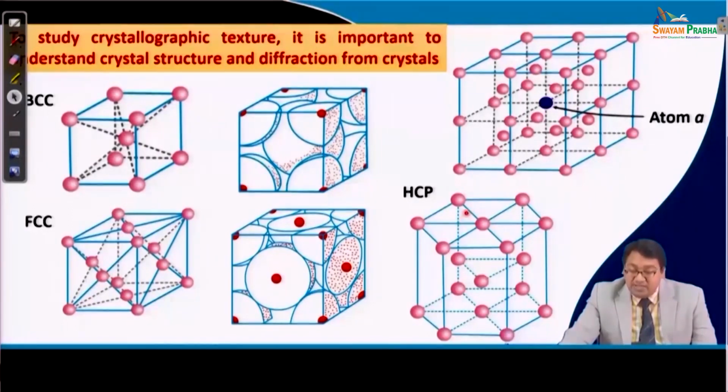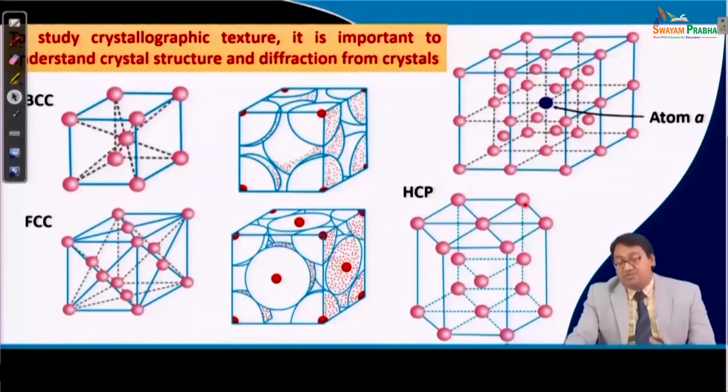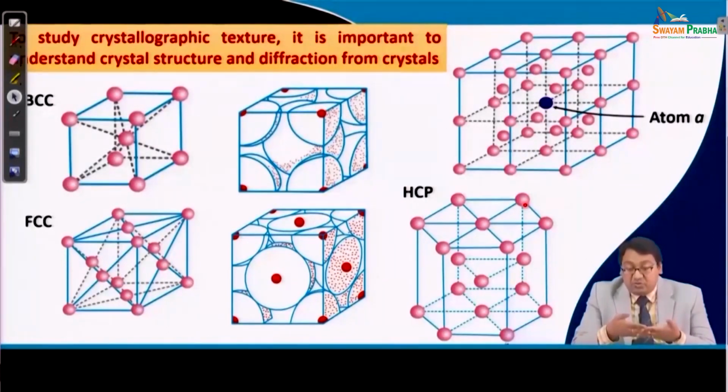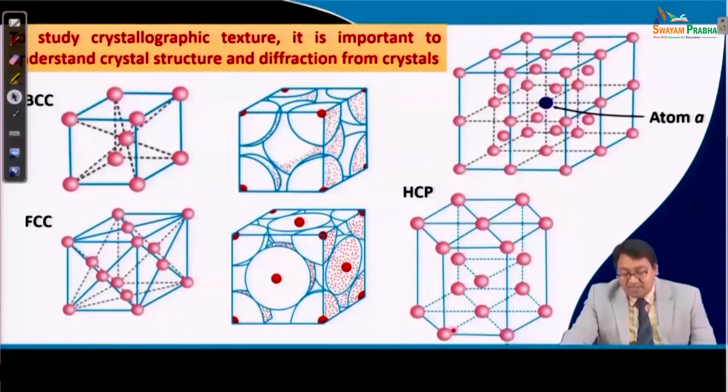So, each of these 6 atoms contributes 1/6 for each unit cell, and therefore, the contribution from these 6 atoms is 1, from the 6 atoms below is also 1, from the face centered atoms both the atoms together contribute 1. So, you see 1 plus 1, that is 2, and then 1, 3, and then 4, 5, 6.